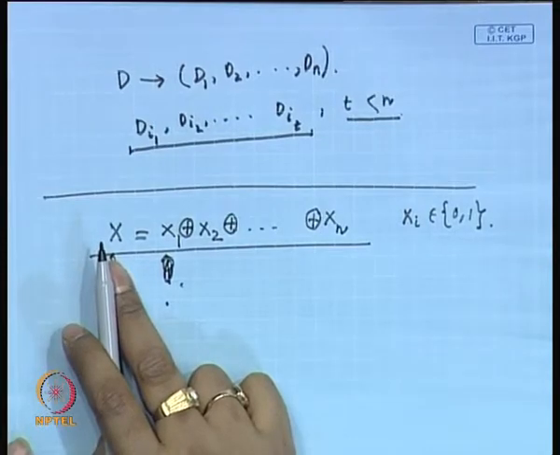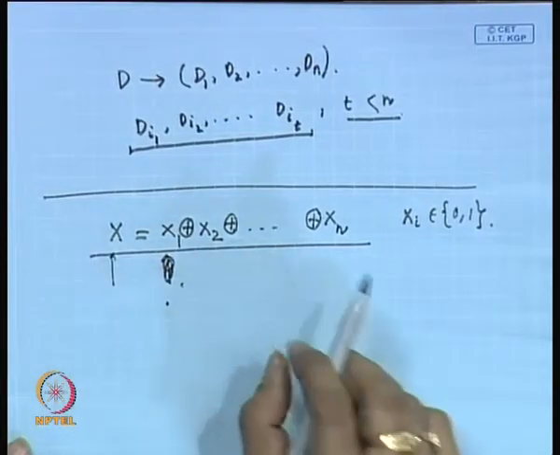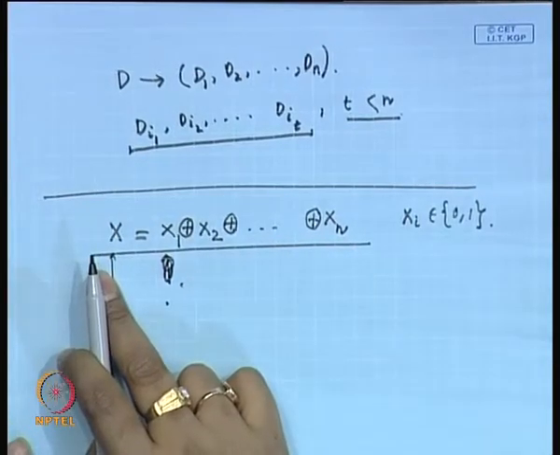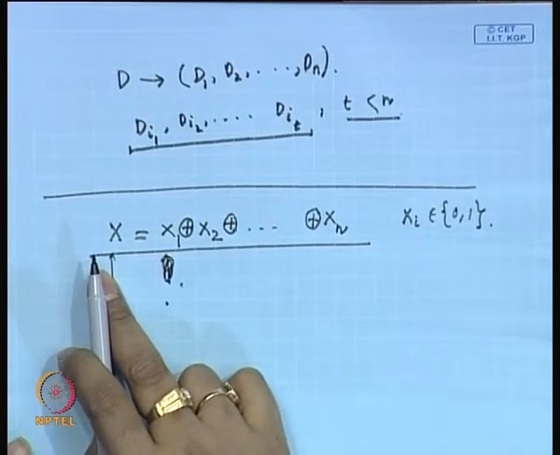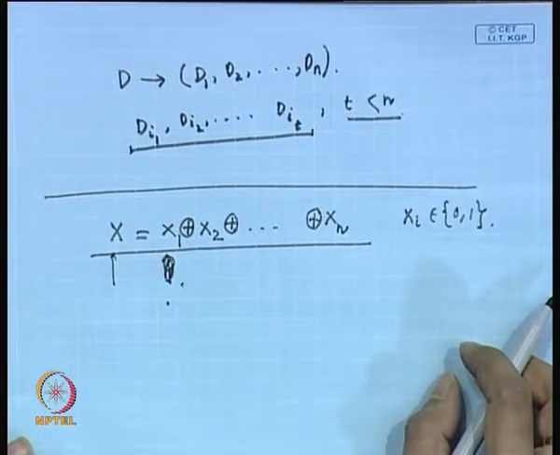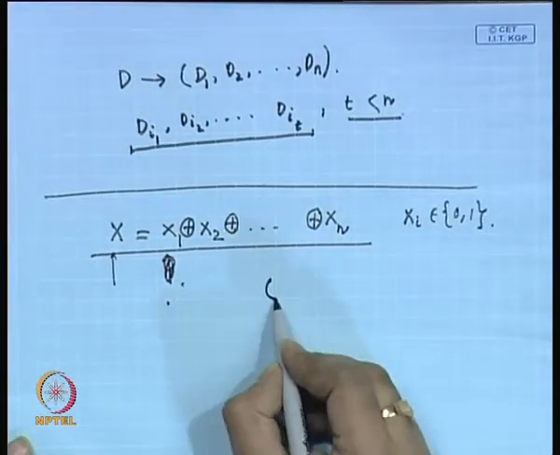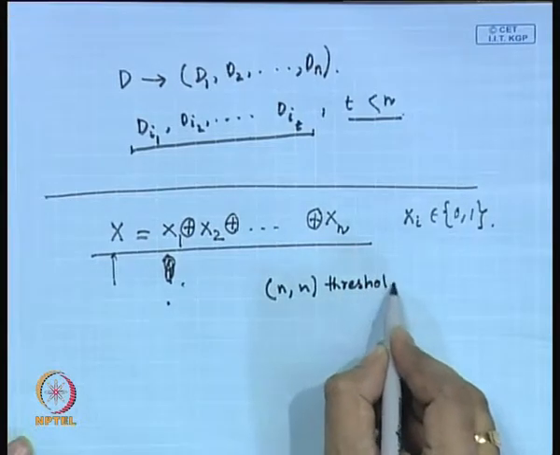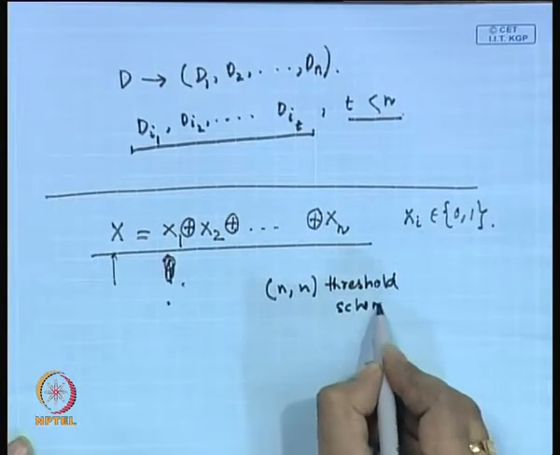It is 0, because even if you do not have one such contribution, the value of x can be either 0 or 1 with equal probability. So this is an example of an (n, n) threshold scheme.